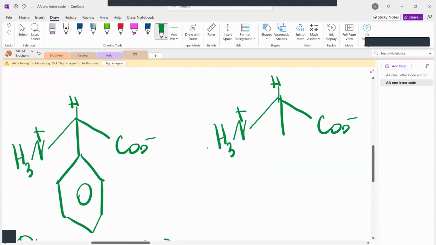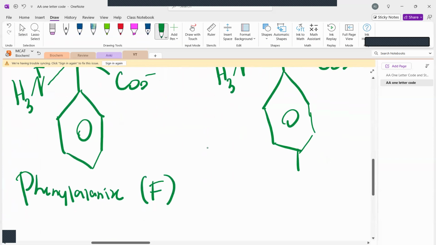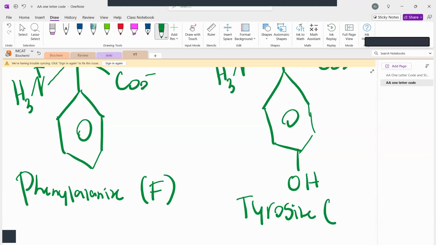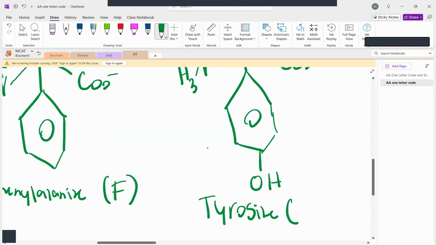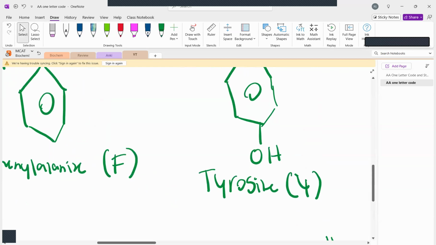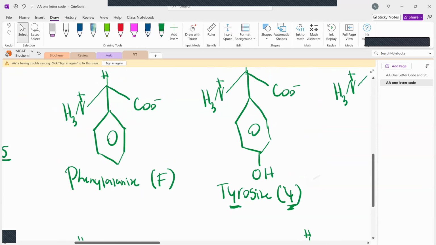And then let's draw tyrosine. So tyrosine is like phenylalanine. It just has that hydroxyl group instead on the benzene. And then tyrosine makes sense just because it has that Y. So tyrosine is the second one.